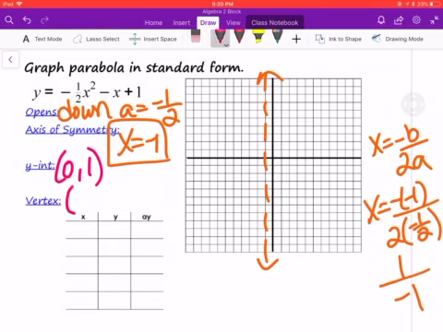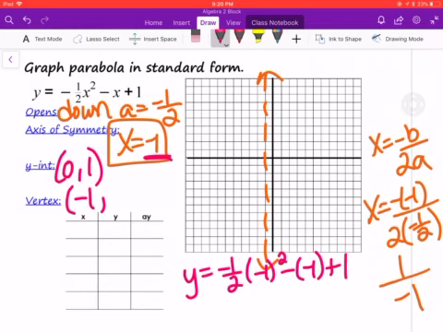To find my vertex, I take the negative 1 from my axis of symmetry and plug it back into my equation. So that's going to be y equals negative 1/2 times negative 1 squared minus negative 1 plus 1. So that'll be negative 1 squared is 1 times negative 1/2 is negative 1/2 plus 1 plus 1.